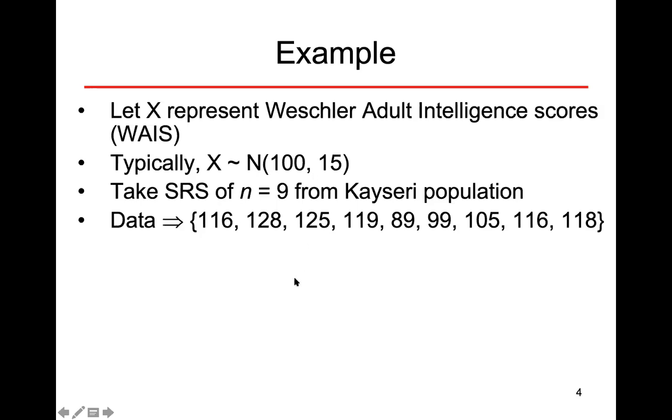Okay, how would you approach this problem? How will we do it, arkadaşlar? We have mu0 equal to 100, standard deviation is 15, n is 9, and I have my data. From this data, what will I do? I will find my mu1. Should I find the standard deviation from this data?